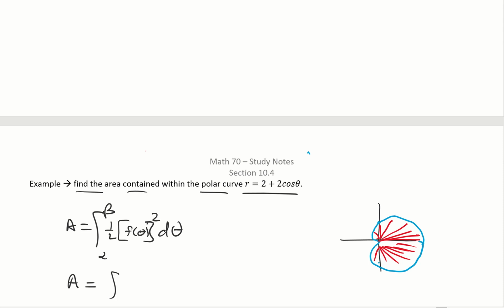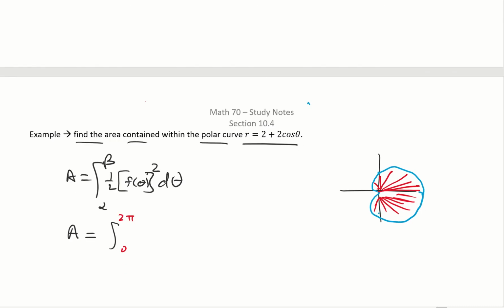This is going to go 360, so my limits should be 0 to 2 pi. That's the important part of sketching: I get the limits right. Okay, so we're getting 1/2, and then the function here is 2 plus 2 cosine theta, squared, d theta.